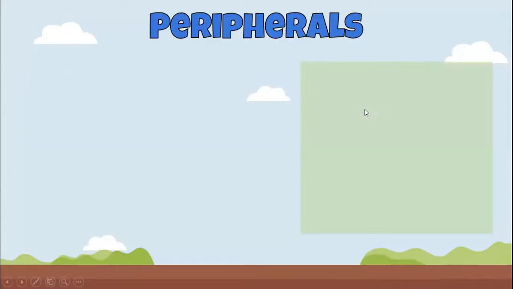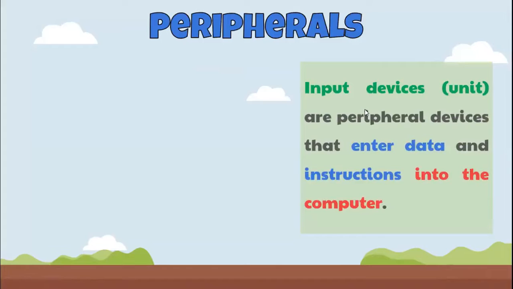Okay, thank you. Then peripherals, let's see what they mean. Okay, now input devices, we can say input unit too, are peripheral devices that enter data and instructions into the computer.